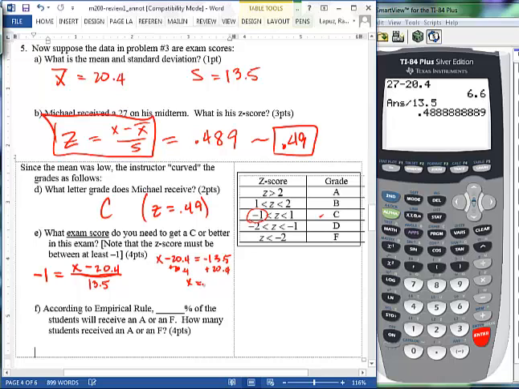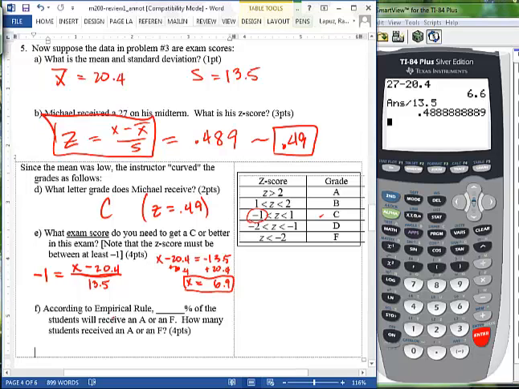So x is equal to, now if we add this, it's actually subtracting, or better probably put it in the calculator. But let's see if we can do it by hand. There's a borrowing, 6.9. So it looks like with an exam score of 6.9, you could actually get a C in this class.